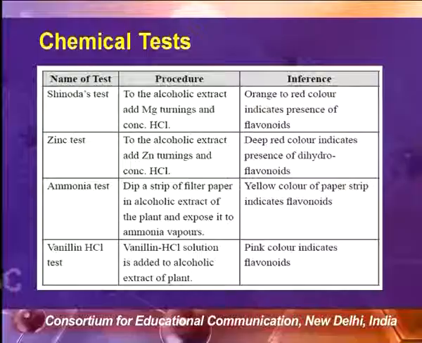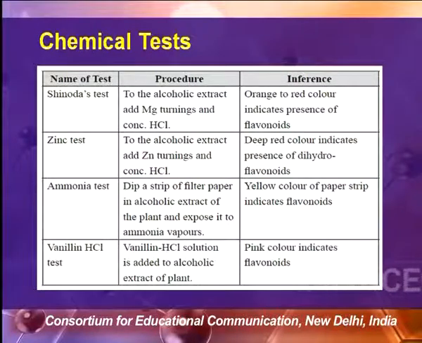Next, we have the chemical tests by which you can determine the presence or absence of flavonoids in the plant matrix, and the most commonly used chemical test is Shinoda's test.